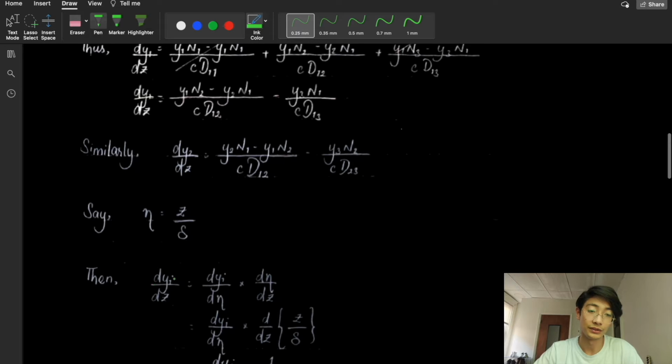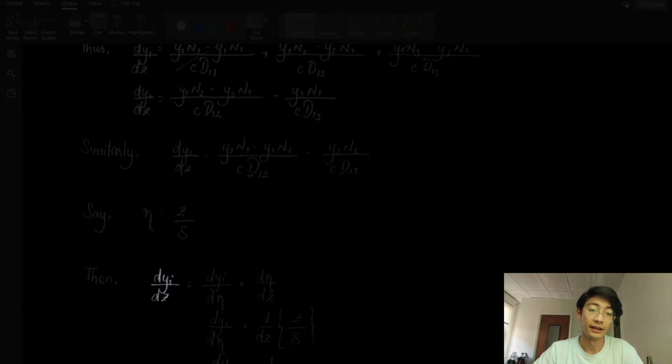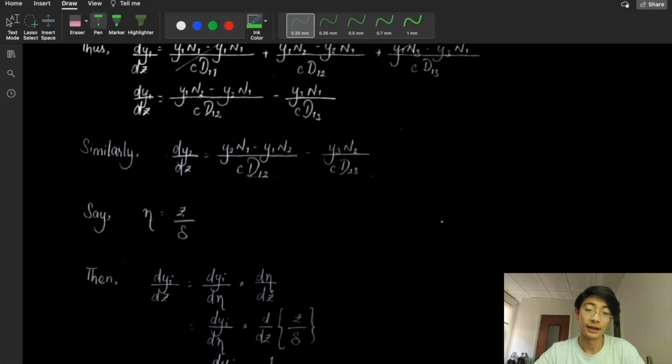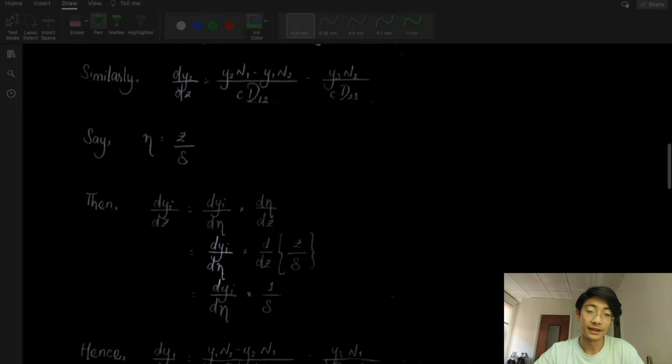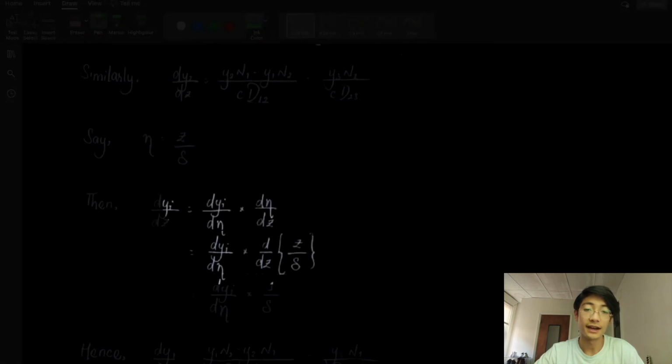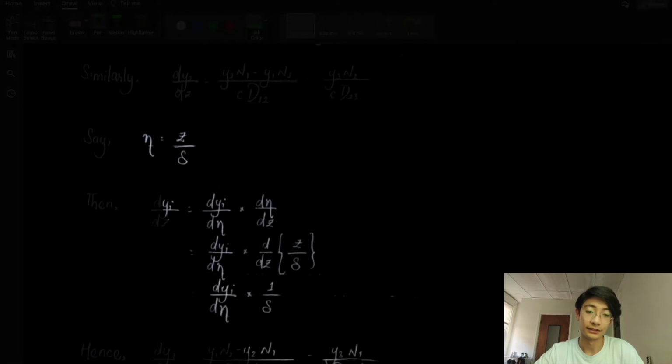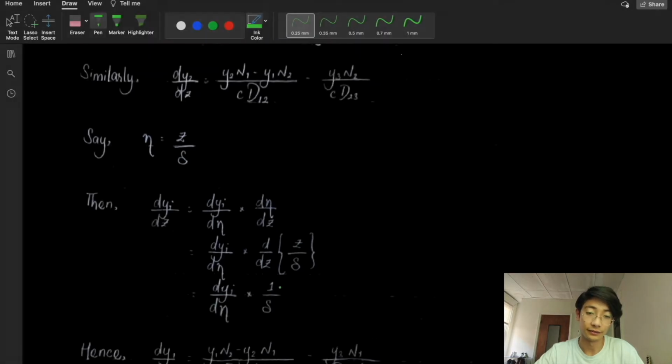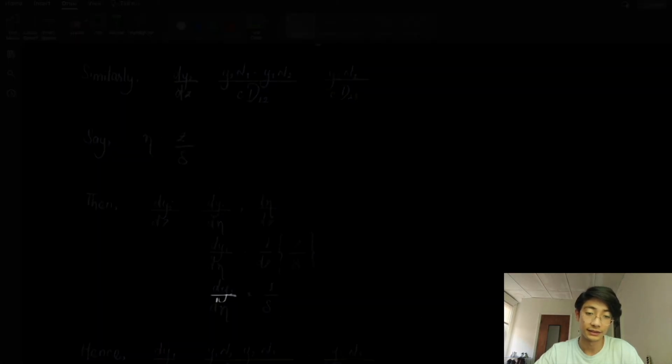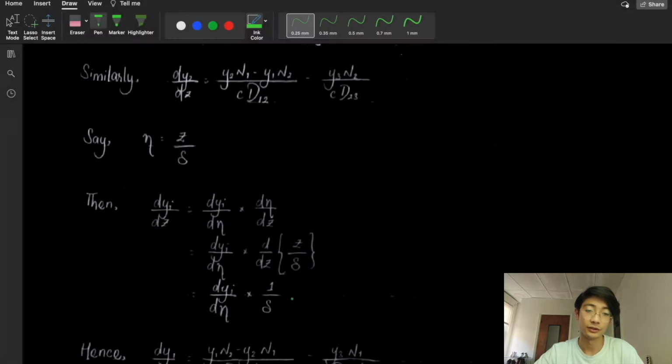So what we do is we take the dy over dz and use chain rule to convert it into that equation. And what we do from there is we substitute the eta with z over delta. And if we take the derivative of that, what we get is that dy over dz is equal to dy over d eta times 1 over delta.